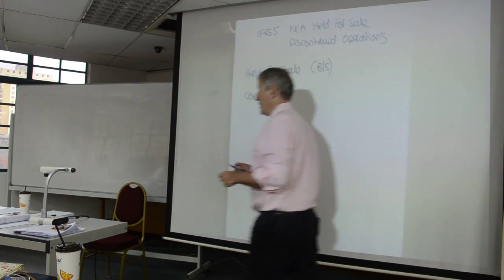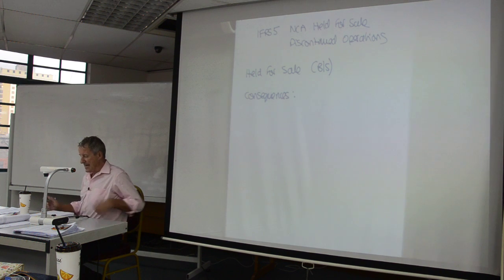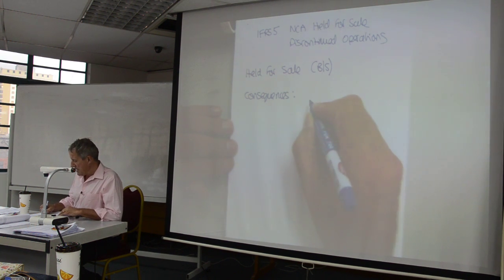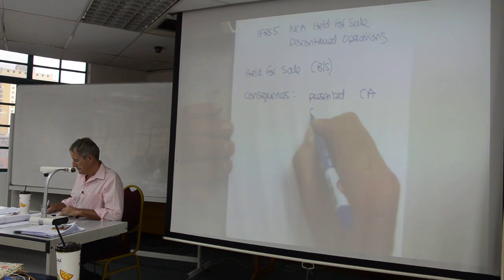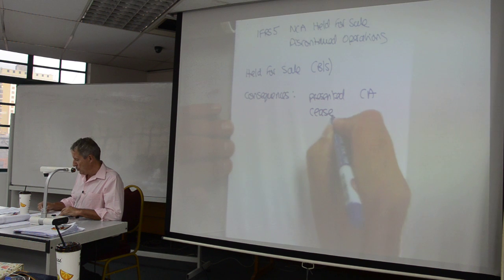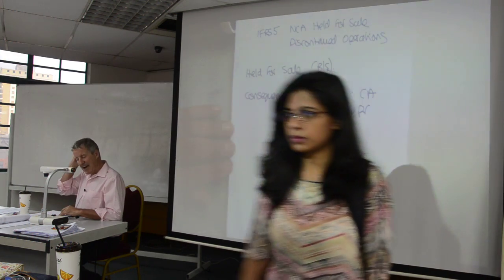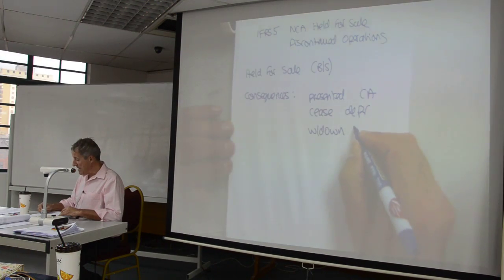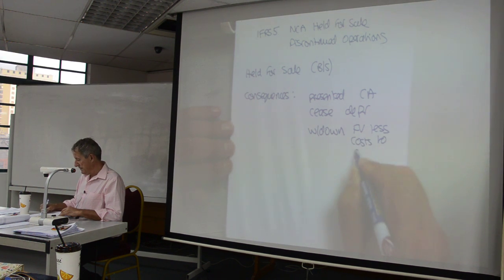So the consequences of an asset being classified as held for sale is that it is presented as a current asset, we cease depreciation, and we write down to the fair value less costs to sell.